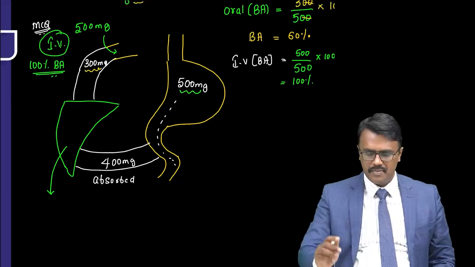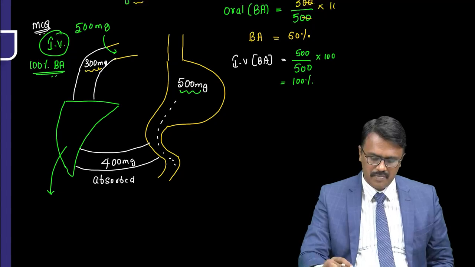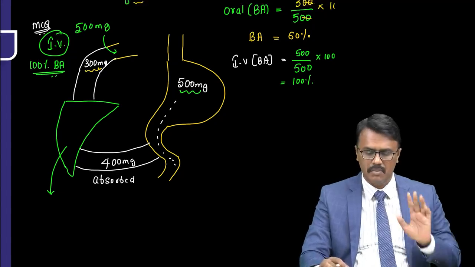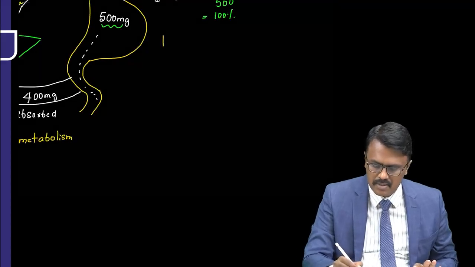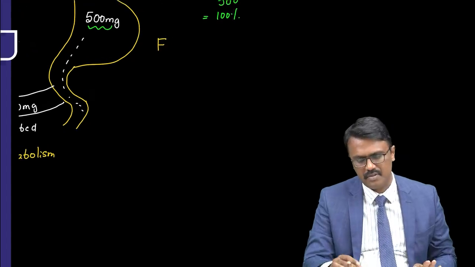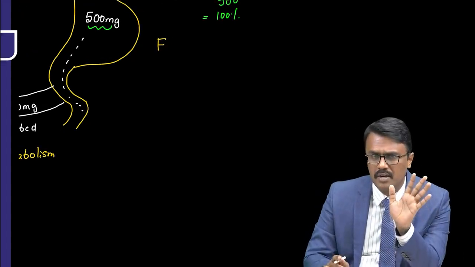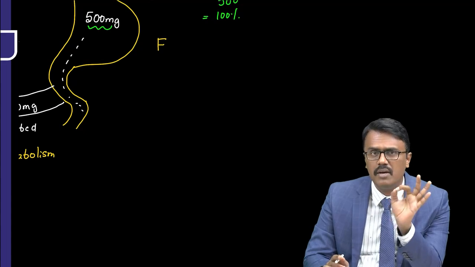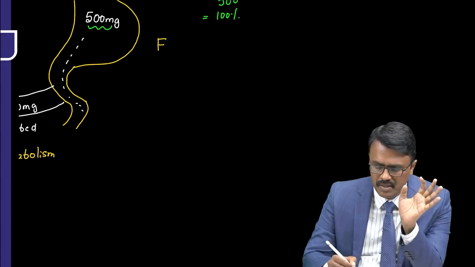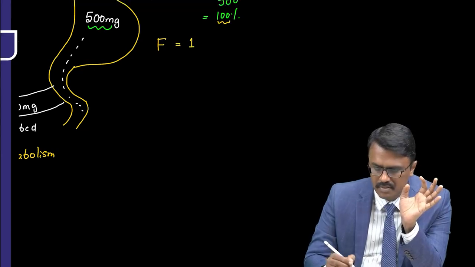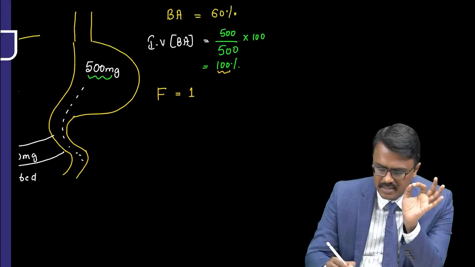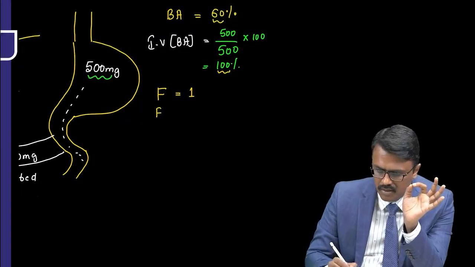Okay, sir. Okay, we got the point. Now we understood bioavailability. But remember one more thing. In certain calculations, bioavailability is written with the capital letter F. When you are doing pharmacokinetic calculations, remember, if it is 100%, F will become 1. If it is 60%, the F value will become 0.6.